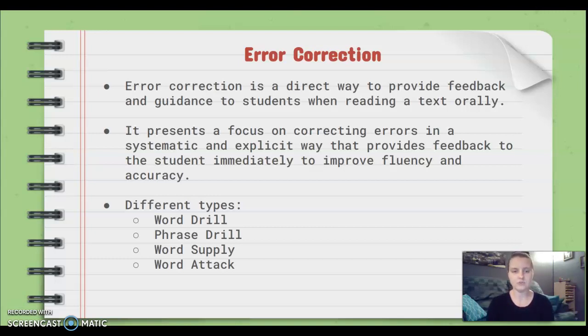So like the National Reading Panel suggested, we are providing that feedback right away for the student, and it's in a very guided and explicit manner. There are a number of different types of error correction, such as word drill, phrase drill, which we'll focus more on, word supply, and word attack. And like I said, we're going to focus more on the phrase drill error correction for this presentation.